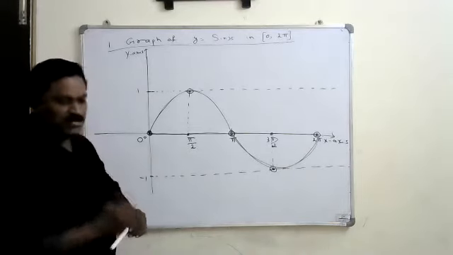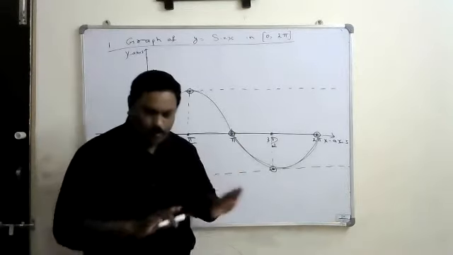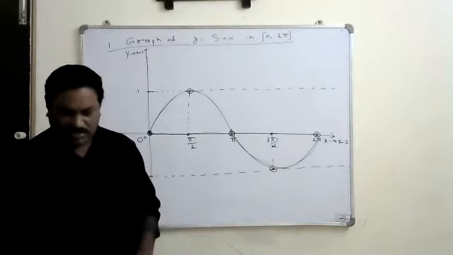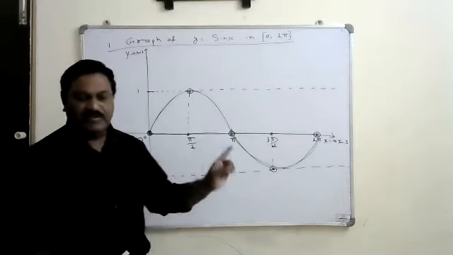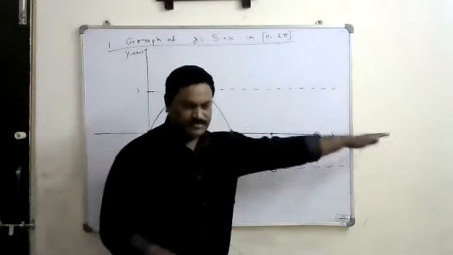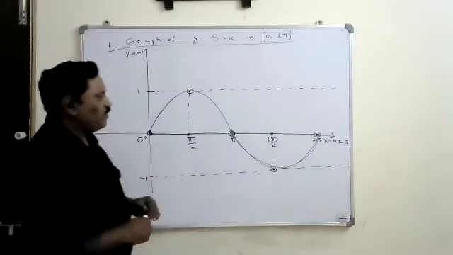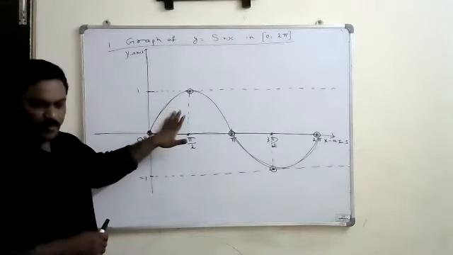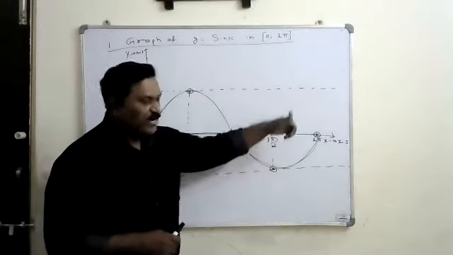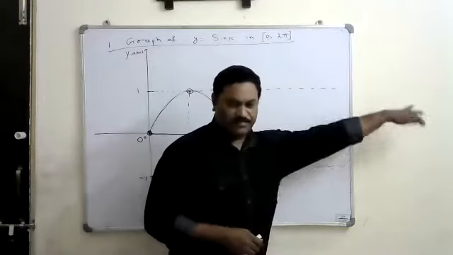For any function whose graph is continuous, with no breaking at all, that function is a continuous function. Your sin x is a continuous function. Further, if you continue the graph, the same graph is again going to repeat here.